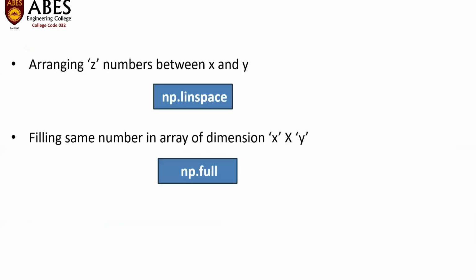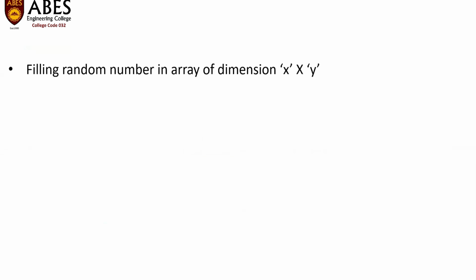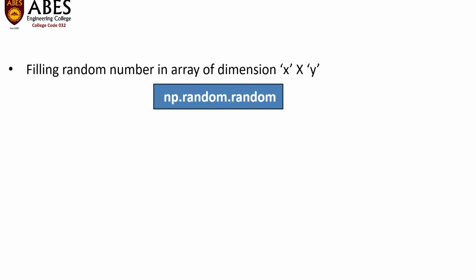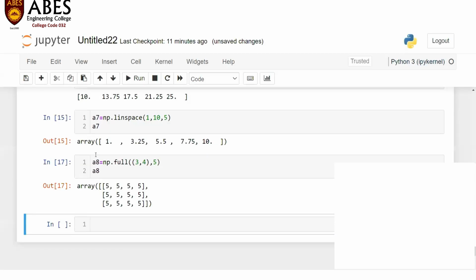Okay. Now, next is if I want to create an array of random numbers, which is most popularly used in machine learning problems. I want to randomly fill the array. Then I'll be using this command, np.random.random.